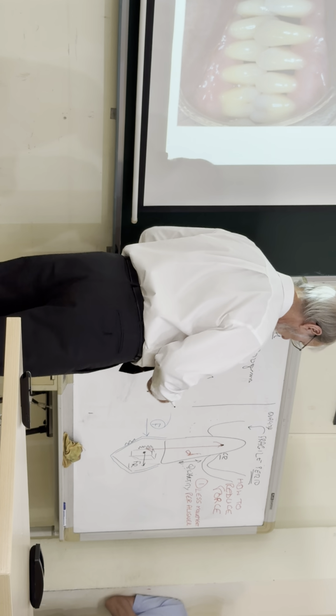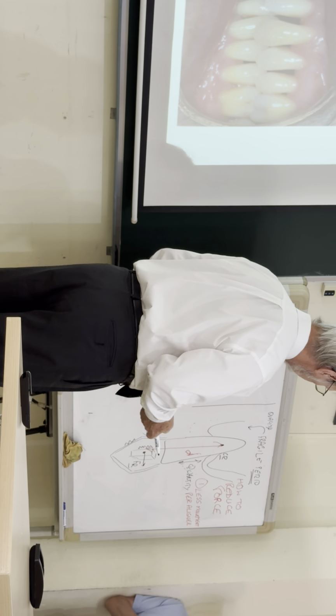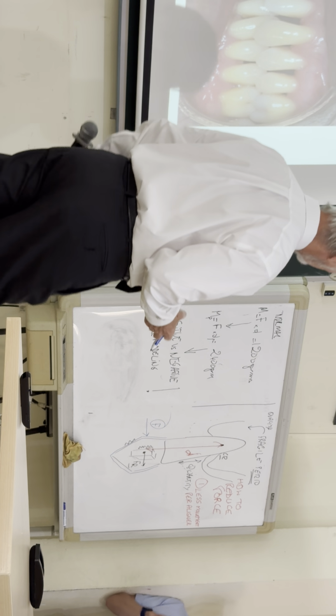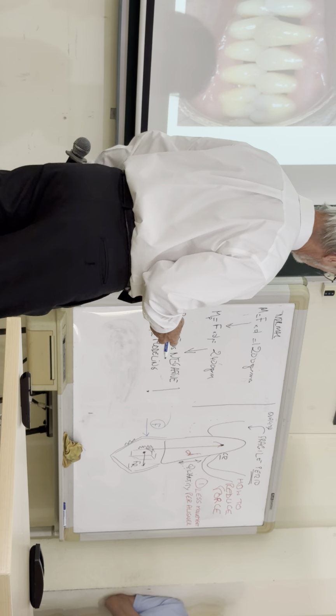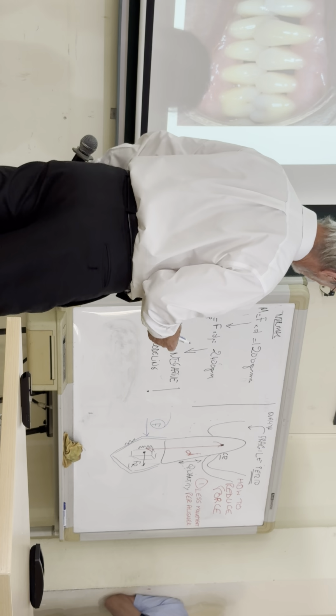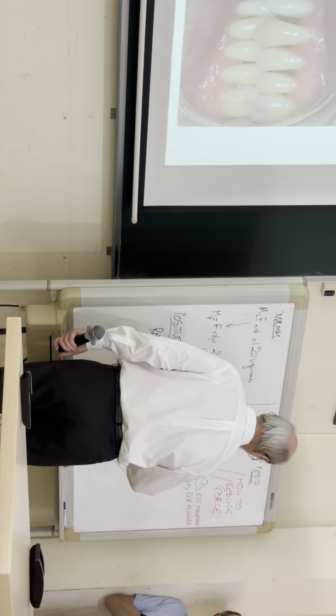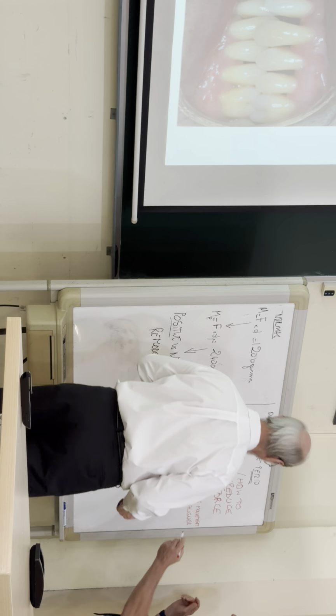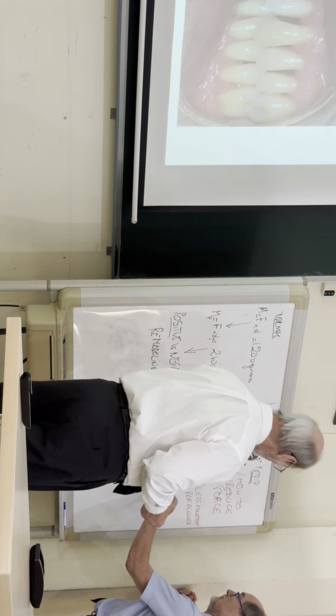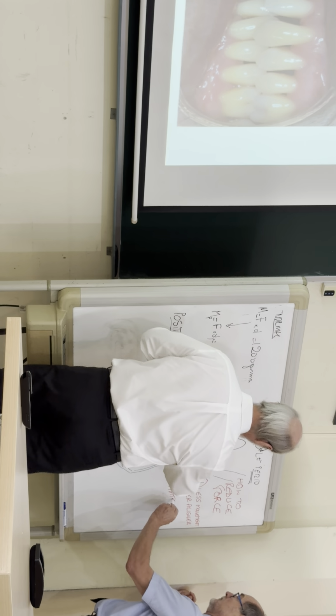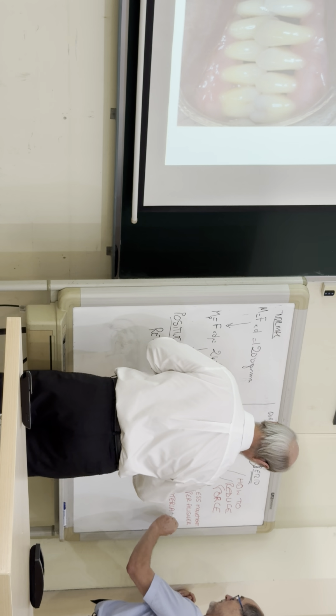Just like with braces, where we would change to a different wire, a lighter wire, why can't we do the same thing with aligners? We can use a thinner material or a slightly different material, which will reduce the forces. Or, if you are not too sure and it's a bit of a better perio case, this is the force, right?